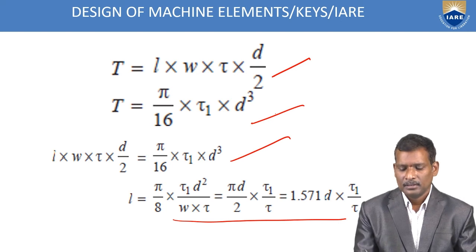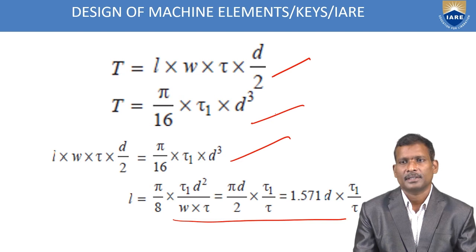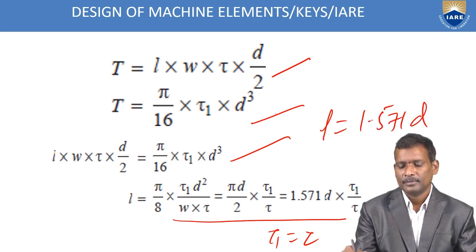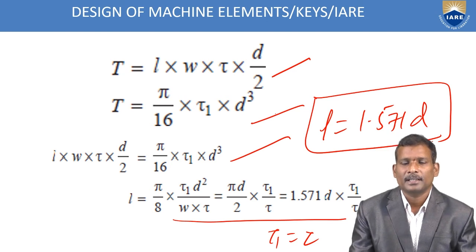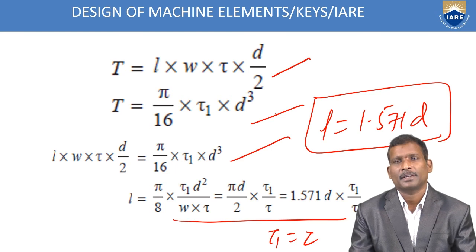In the rotational case the shear stress is almost equal to the normal shear stress, so you can take tau 1 equal to tau. So you can write L is equal to 1.571 times D. So the length of the key is about 1.5 times the diameter of the shaft.